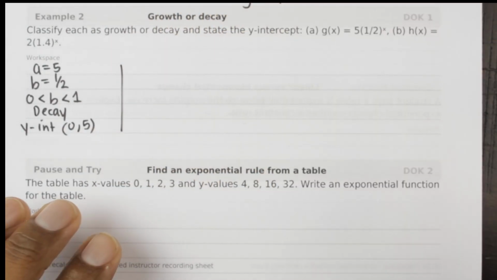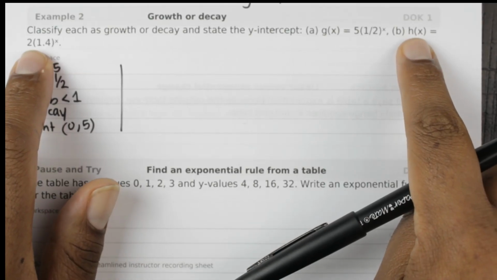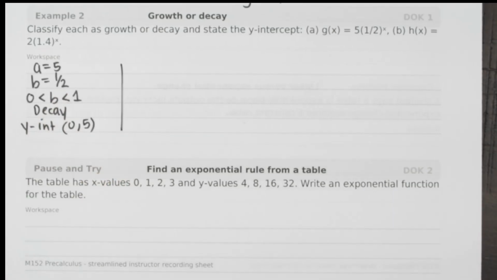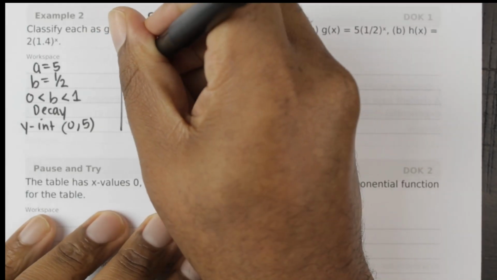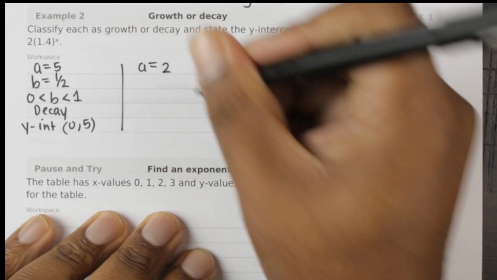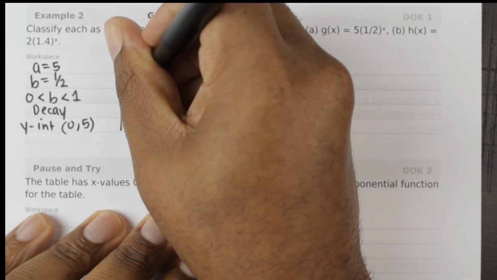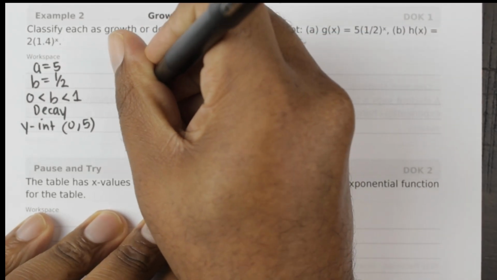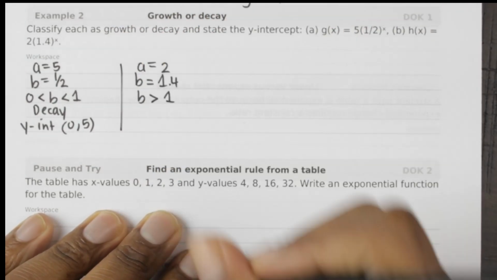When we're looking at B, we have h of x equals 2 times 1.4 raised to the x. So 1.4 is greater than 1. So that's exponential growth. And the y-intercept is the value of a.